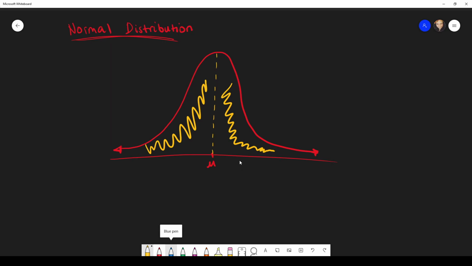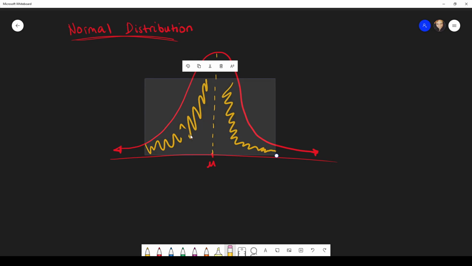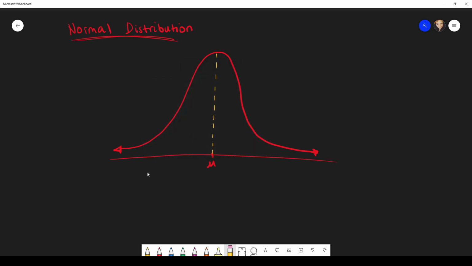If I fold this bell-shaped curve at its middle, at the mean, at the vertical line that gives it symmetry, it would be the same. Therefore, whatever the area on my left would also be my area on the right. And the total area of this bell-shaped curve is equal to 1.